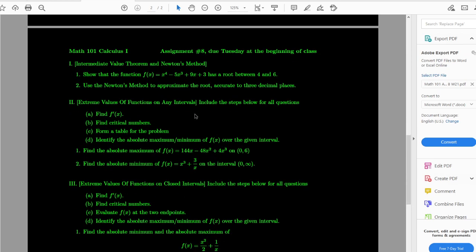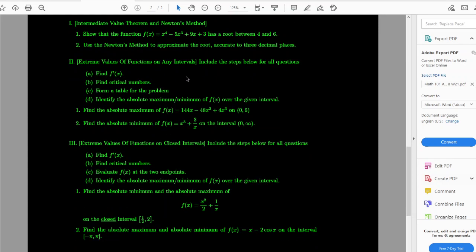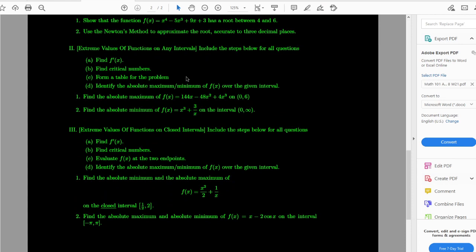On the assignment in part 1, you have Newton's method. We did that on Tuesday. Probably I'm going to add one more question of that nature. I haven't decided yet. In part 2, the two questions are in the nature that the function is on some interval that may not be closed. In question 1, the function is defined on some open interval. In step 3, you need to form a table.